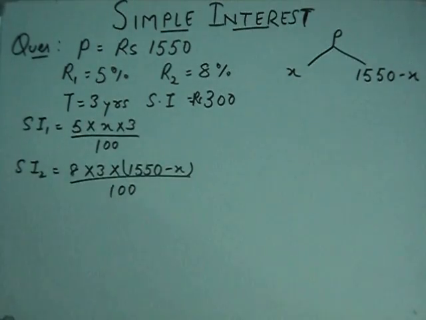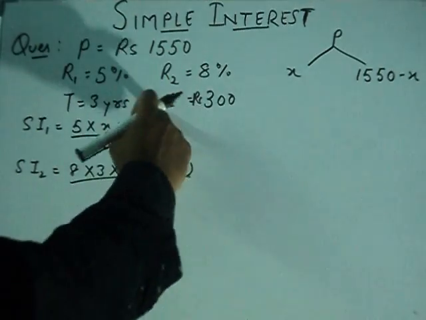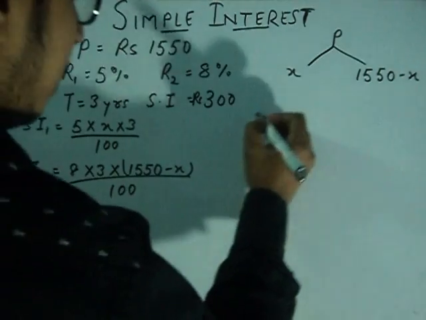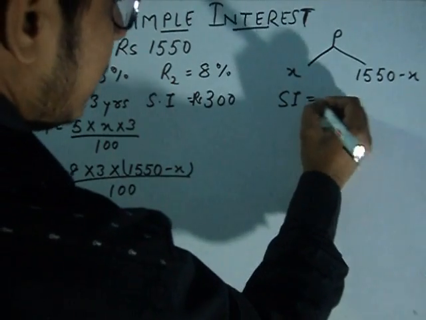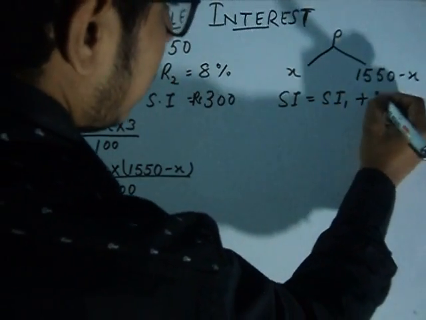We have to add both these values and equate it to the total interest. So SI is equal to SI1 plus SI2.